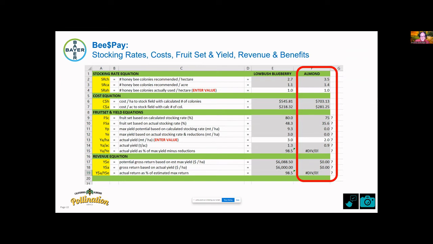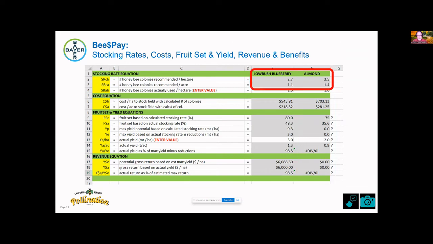As you can see in the red outlined area, we are still working on the recently added almond section. However, the stocking rate results for both crops are being calculated in this new version. I was thrilled to see that these results are very similar to typical recommended rates.